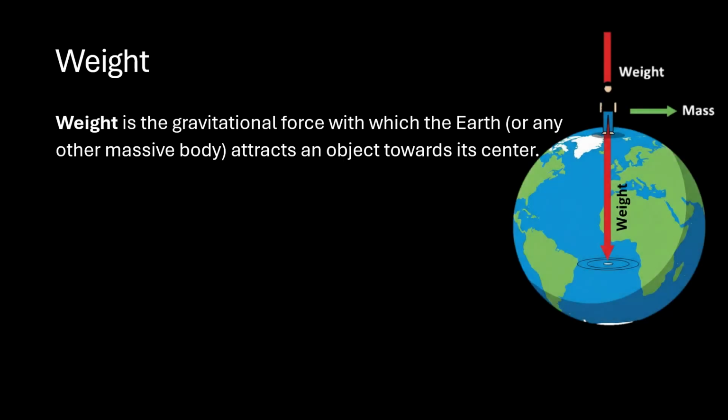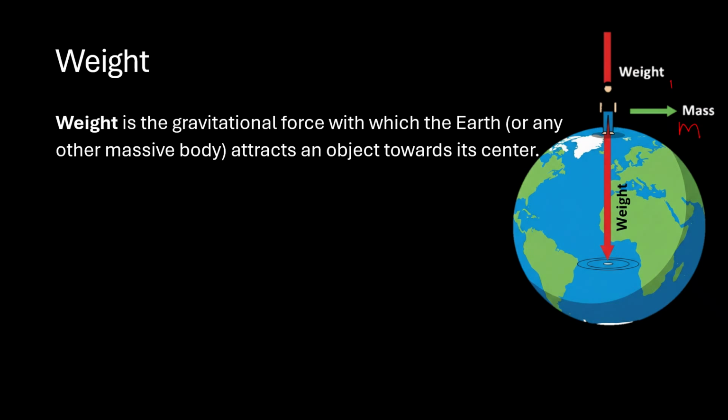Now let us understand weight. So what is weight, right? Basically weight is nothing but the gravitational force. For example, on Earth, Earth is applying some gravitational force on any body, and that gravitational force applied on that body is called the weight of that body, right? If you see in this example, this is Earth and a man is standing on the Earth whose mass, for example, let's consider m.